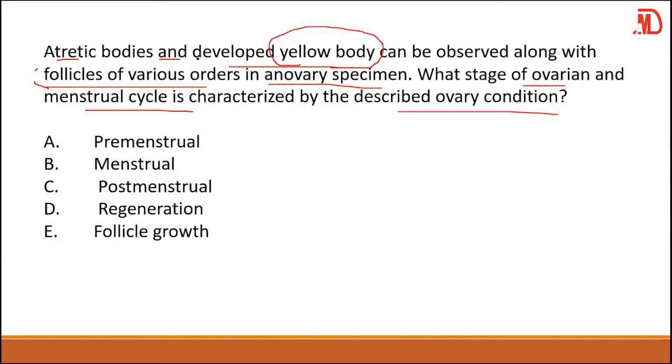It means that this person is getting prepared to undergo menstruation. In other words, yellow body simply means what? Corpus luteum. And that is the last active stage of an ovarian follicle's life cycle. And these are observed before menstruation. Okay?